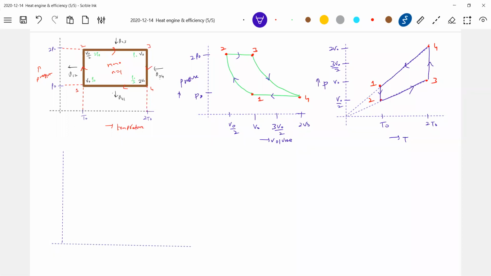Okay, densities are rho naught by 2, rho naught, 3 rho naught by 2, 2 rho naught. Internal energy is U naught, 2 U naught.